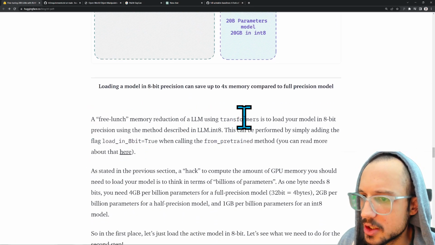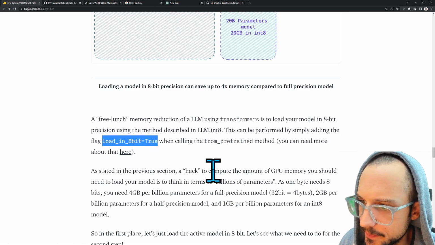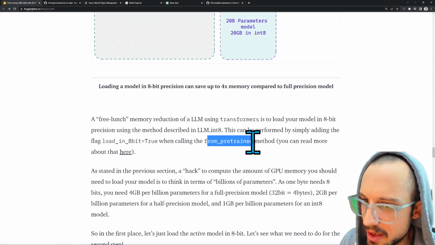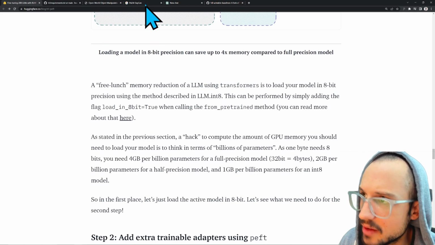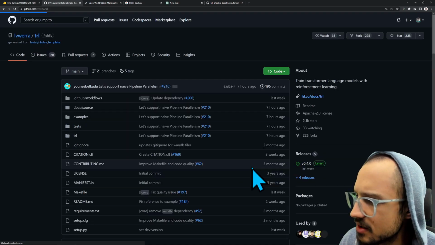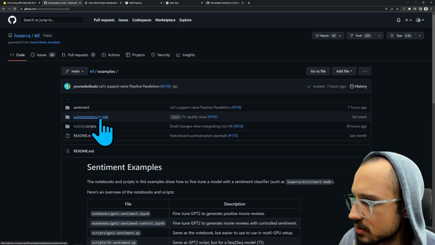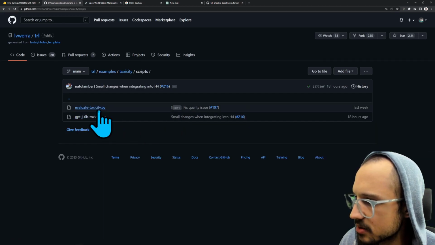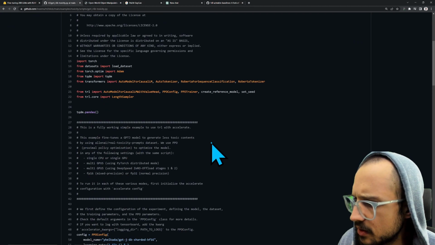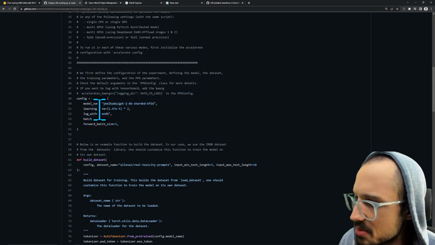A free lunch memory reduction is to load your model in 8-bit precision. This can be performed by simply adding the flag load_in_8bit=True when calling the from_pretrained method. Okay, so whenever you load a model with HuggingFace, if we go into their examples, see the toxicity script. PPO config, learning rate, log with wandb.